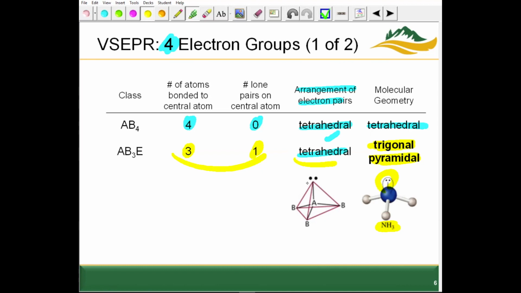So this lone pair here occupies more space than these bonds, so it'll push those bonds closer to one another. So this is now trigonal pyramidal because we have a lone pair here rather than all 4 bonds.